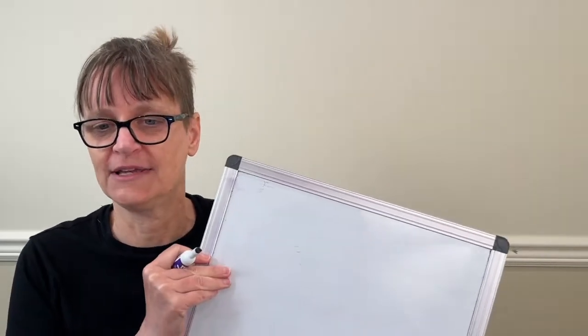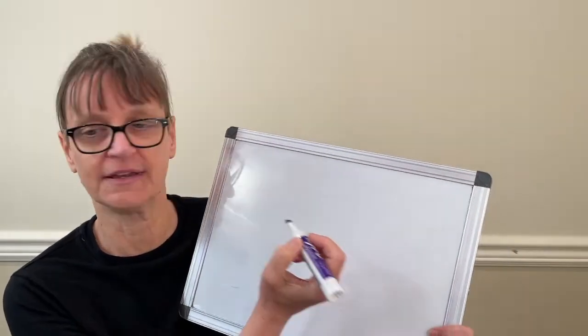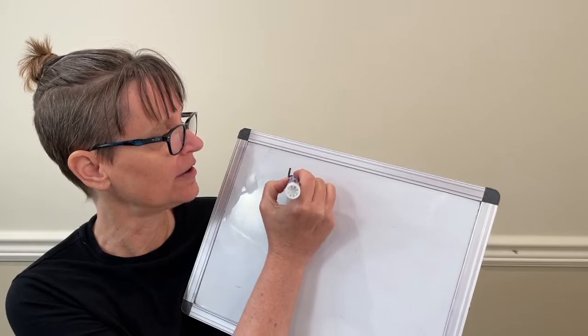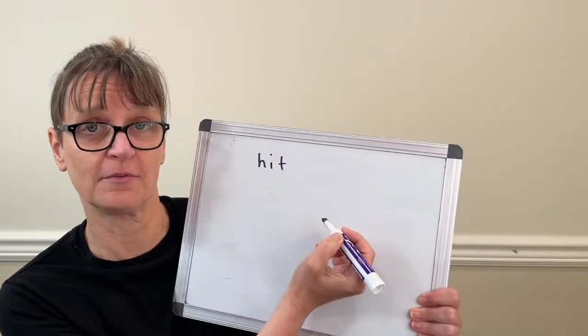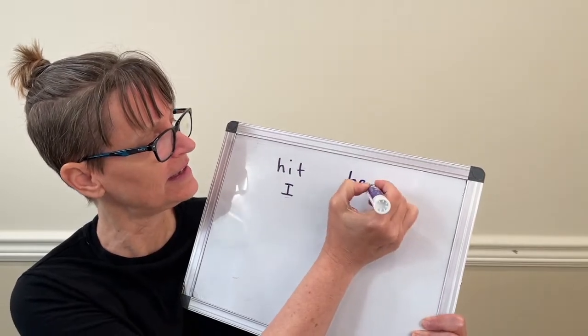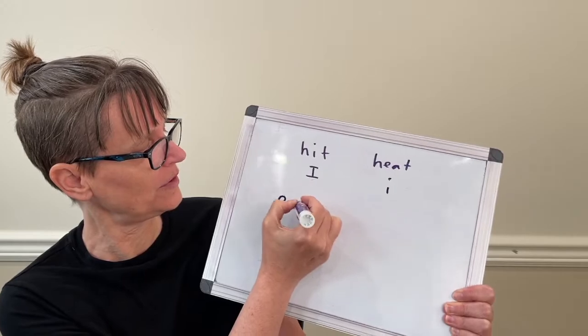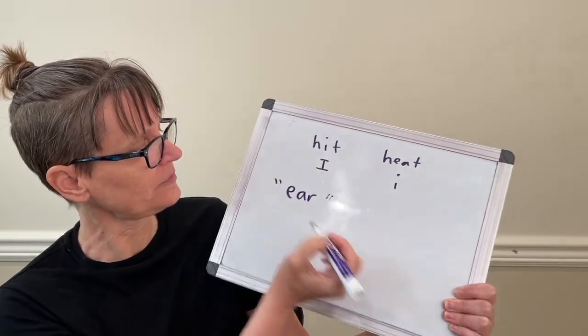We have a question about the vowel in ear, and does it sound like the vowel in hit or heat? So our I vowel, like we were just talking about with chip and ship, is the one that's in hit. The E vowel is in heat. And then the question was, what about the word ear?